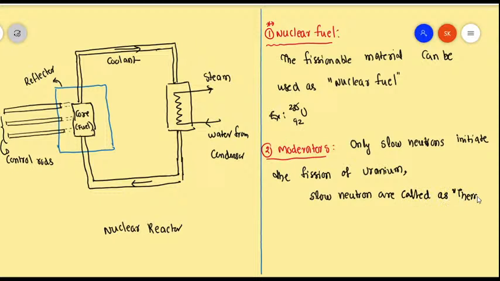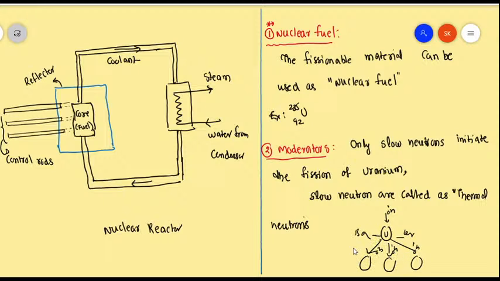When uranium undergoes fission, for example, one neutron is allowed to bombard the uranium. It splits into barium and krypton, and three more neutrons are released. But these neutrons' speed is high, and to initiate further fission, slow neutrons are required. How can we slow down those neutrons?